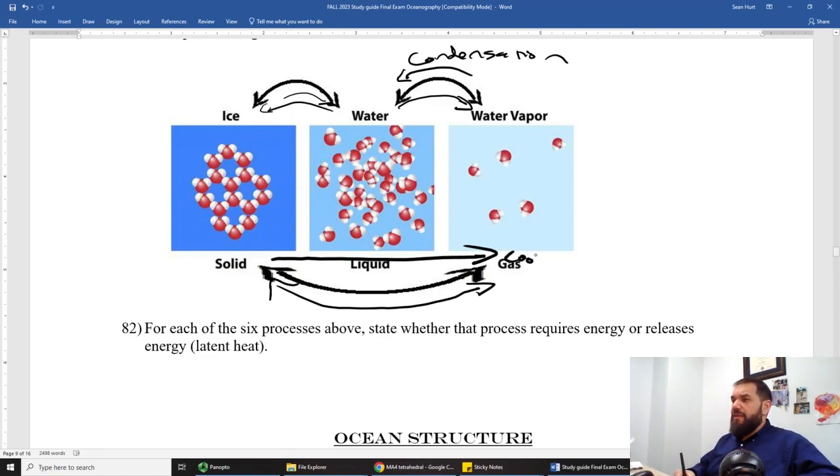So this is always going to make things cooler as you go from a solid phase towards a gas phase or a liquid phase. Vice versa, if you go the other direction, from water vapor to a more condensed solid phase, then you're going to be heating things up because you're forming the bonds, okay? So this is going to be heating, all right?